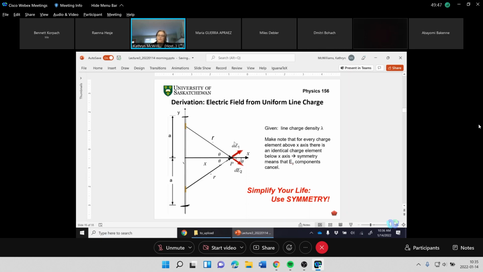It's finite in this case, with some length 2a. It extends from y equals minus a to y equals plus a. We're asked to find the electric field at some point P away from the line charge, but at the middle point of the line charge, so this is y equals 0 here.